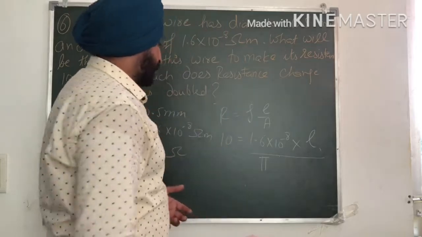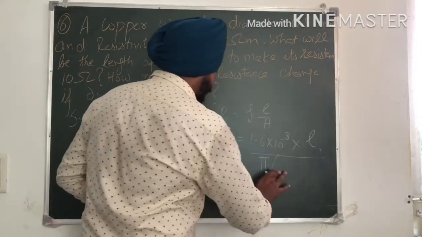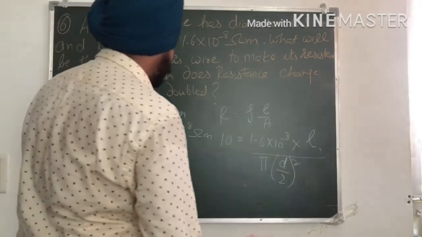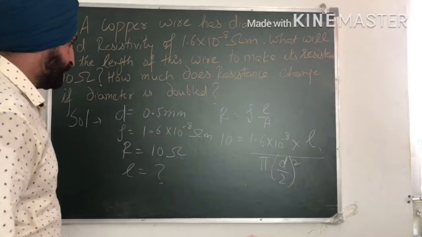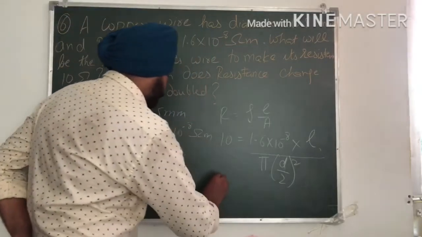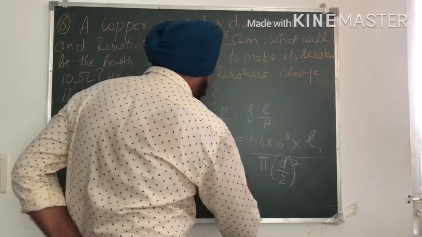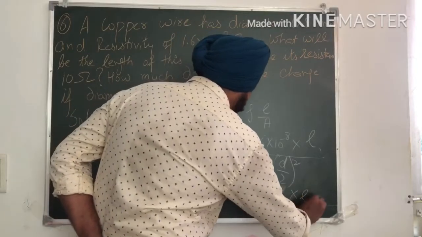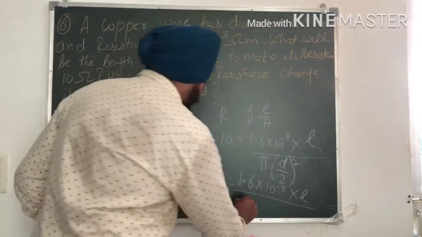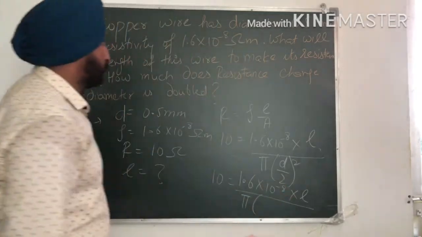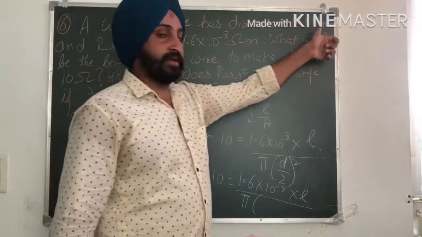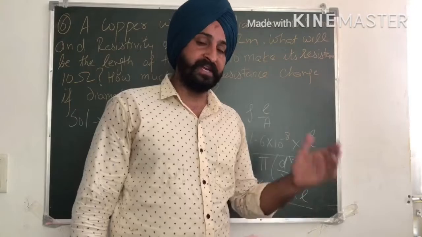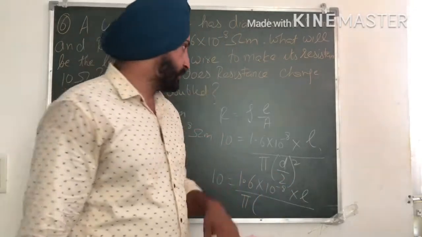Fine. So instead of r square I would be writing d by 2 square. From here what we are going to get is 10 is equal to 1.6 times 10 raised to power minus 8 into L over pi into, now the diameter is 0.5 mm. If you convert mm into meters, it will be divided by 1000. Fine.